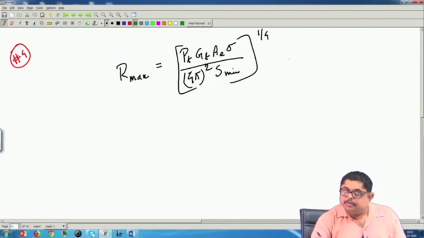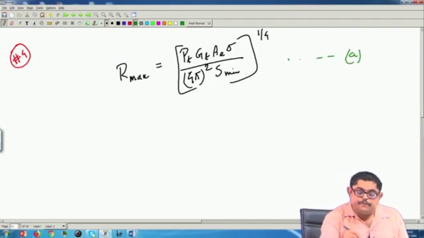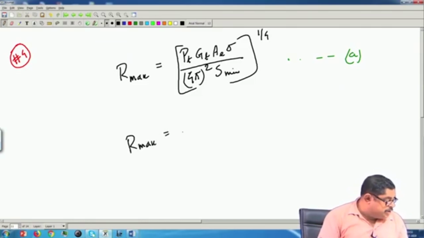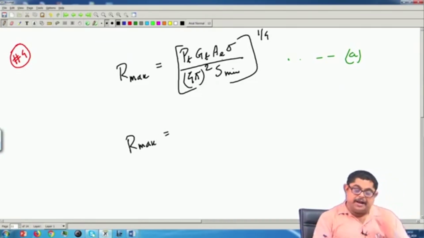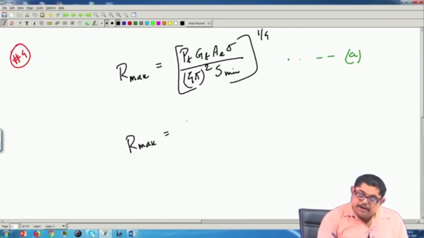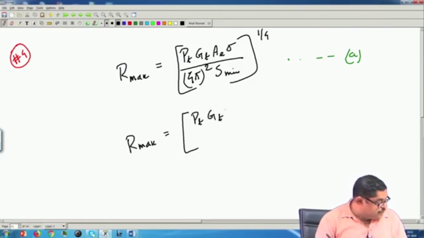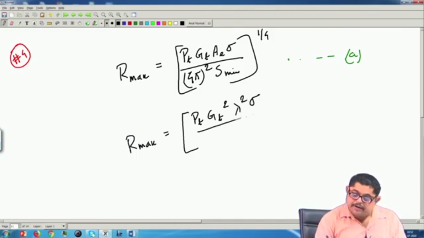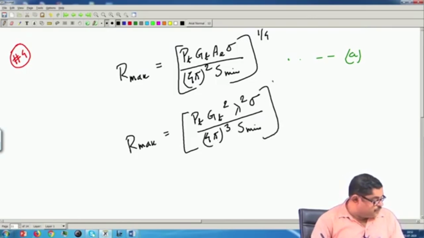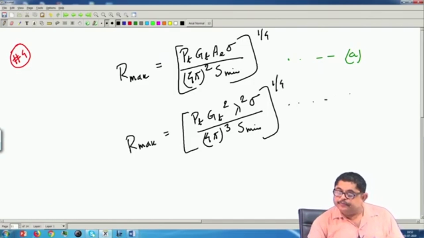Let me call this one equation A. Also, if I put the value of AE in terms of GT, I can also write this as PT GT square lambda square sigma by 4 pi whole cube S mean whole to the power 1 by 4.